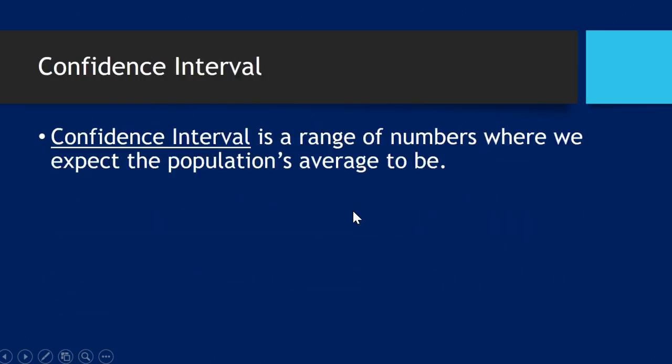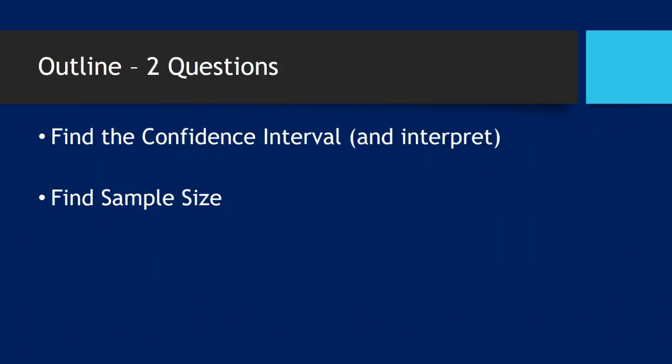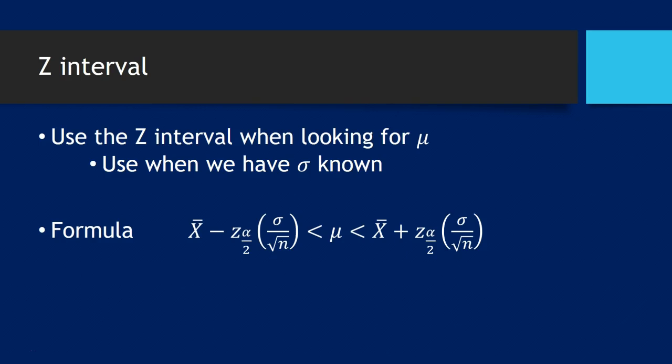So if you flip towards the z-interval, way back in 8.1, we saw that the z-interval was this. Again, my point estimate is the sample average, and then I build in some margin of error. So basically, if I want to figure out how much error I have, I'm looking at this part of the formula.